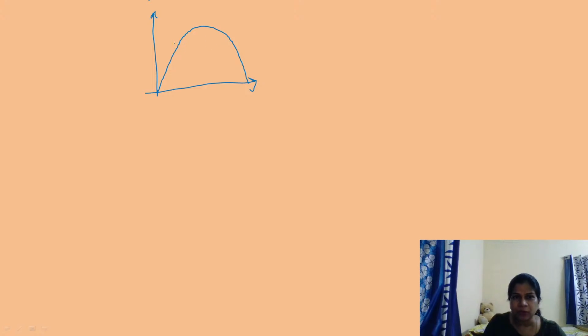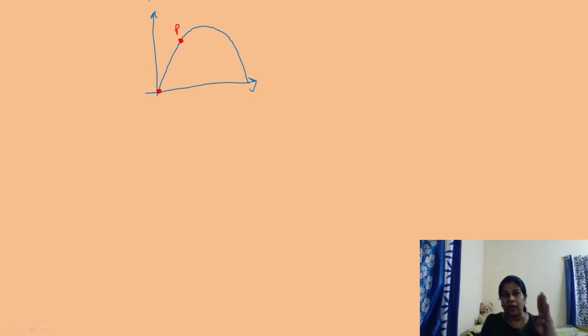Okay. I took a different ink color so that you can distinguish it. Suppose this is an arbitrary point. Suppose you are throwing this stone and it moves in this very path. So suppose this stone is here.